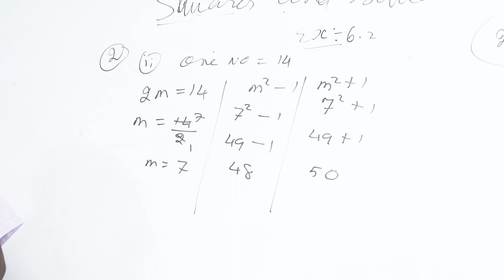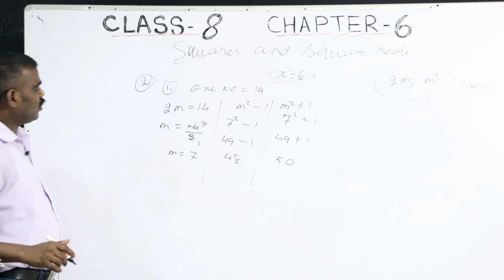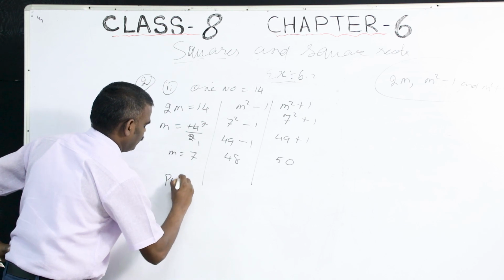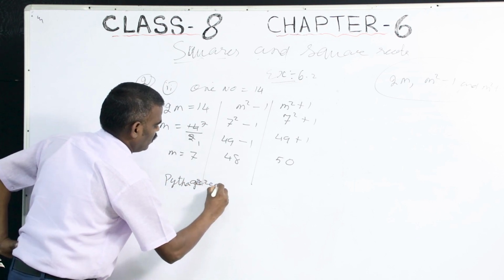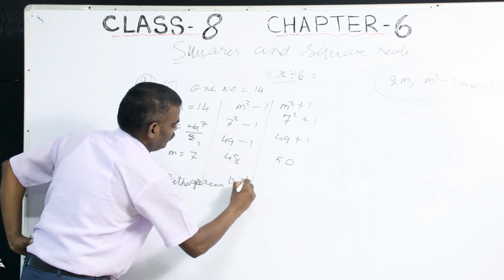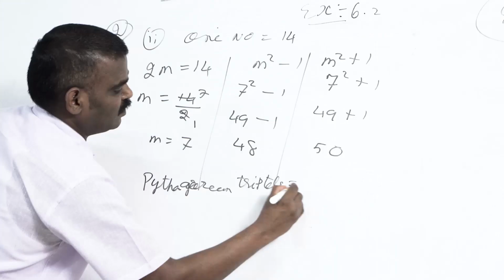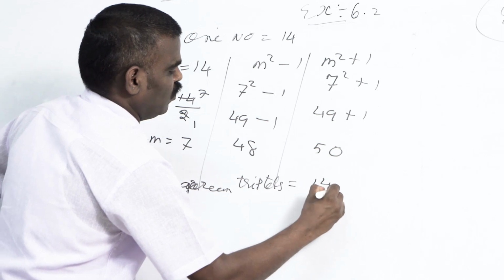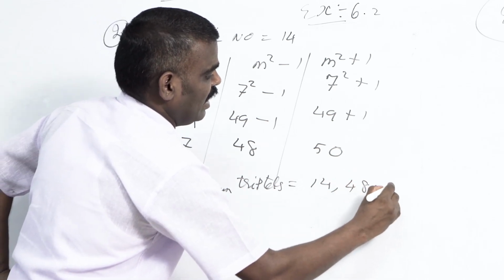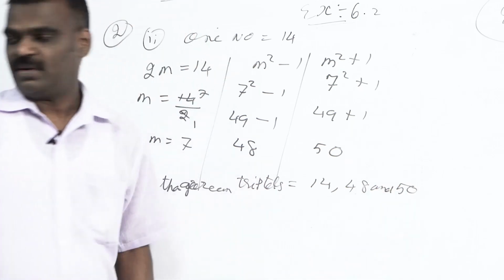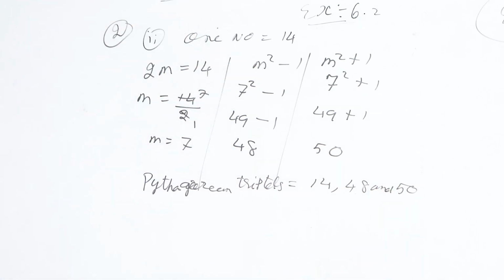Yes or no? Next. So, Pythagorean triplet. How much? 14, 48 and 50.